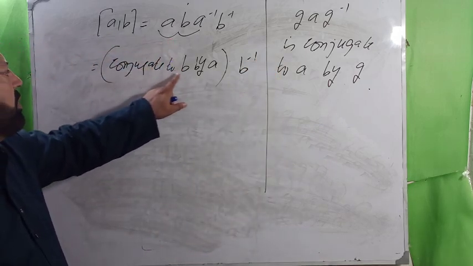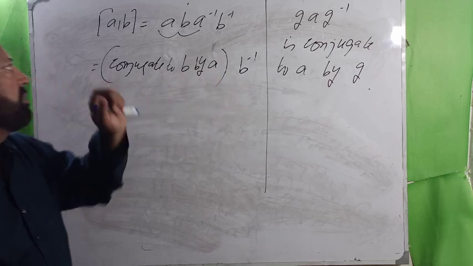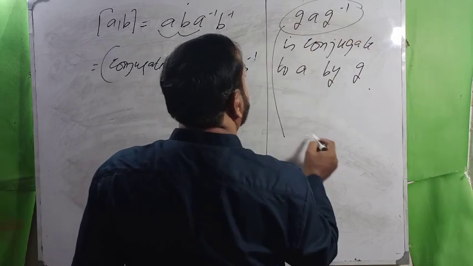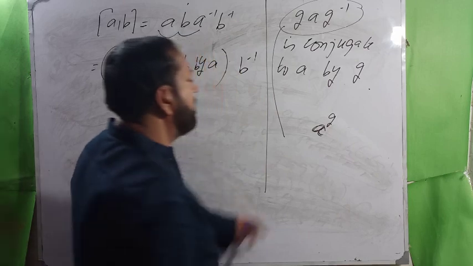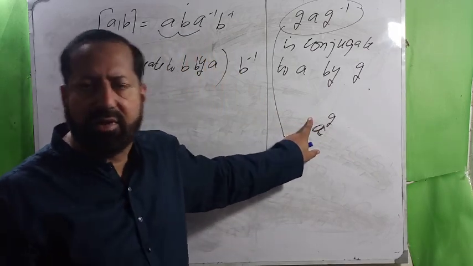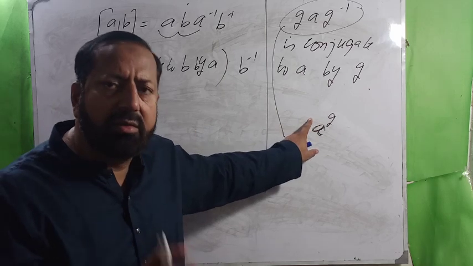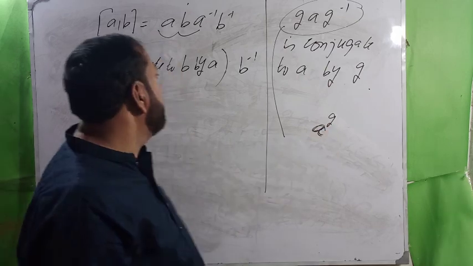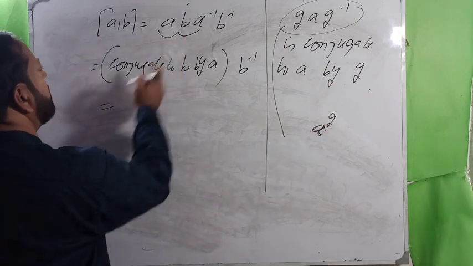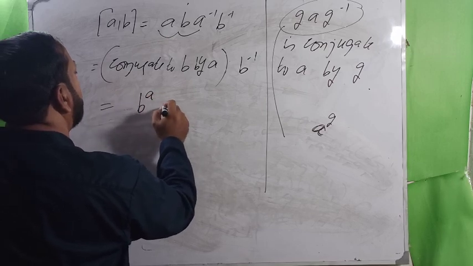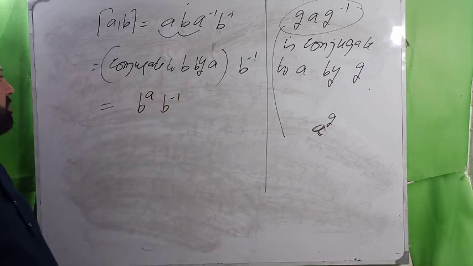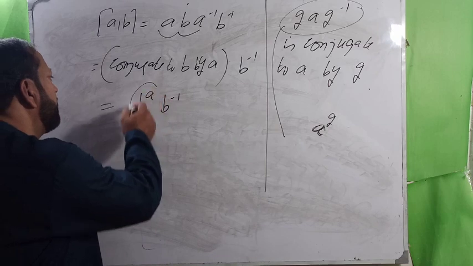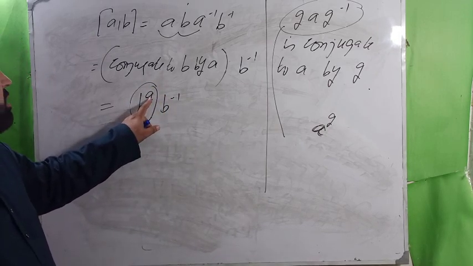This is the conjugate of B by A into B inverse, right? Suppose I symbolize this element by B^A, so this can be written as B^A into B inverse. But this is not a power, this is the symbol. It is the conjugate of B by A into B inverse.